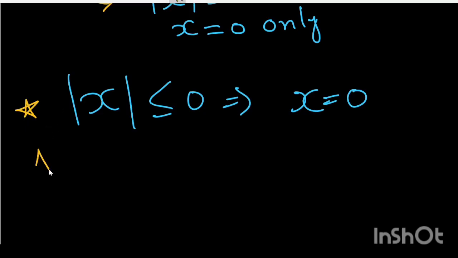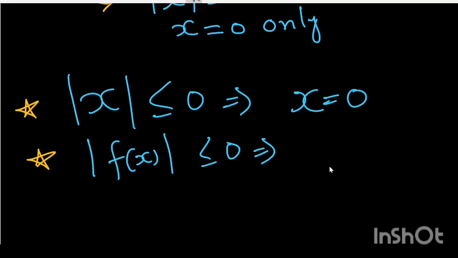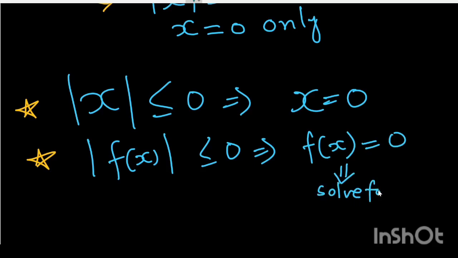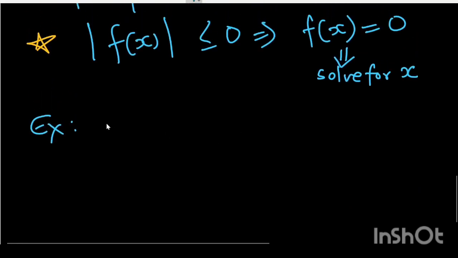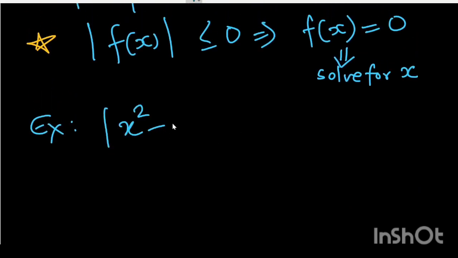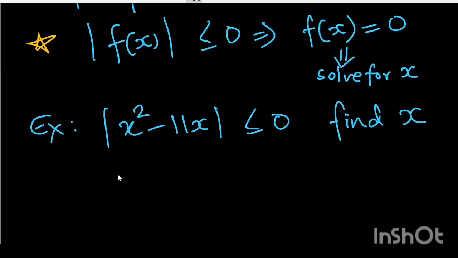In the similar way, if instead of x, f(x) is given, |f(x)| less than or equal to 0, it means what? Using similar reasoning, we can say that mod of f(x) cannot be less than 0, so at the most it can be equal to 0. And when f(x) is equal to 0, we have to solve for x. For example, suppose the question is x square minus 11x less than or equal to 0, find the solution of the inequality.